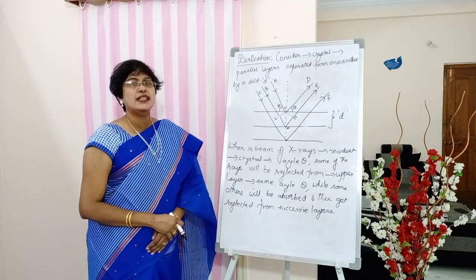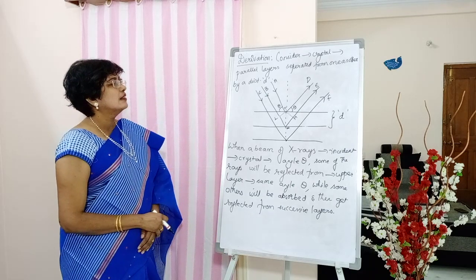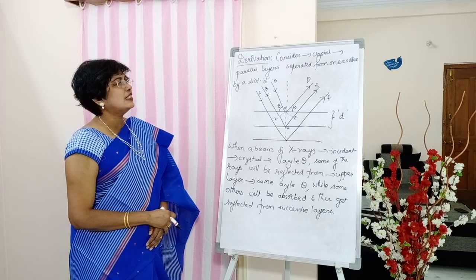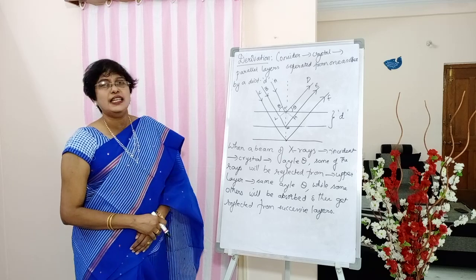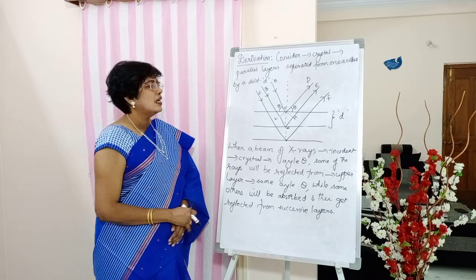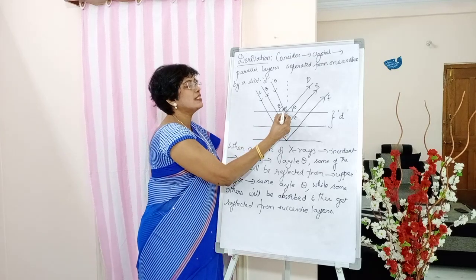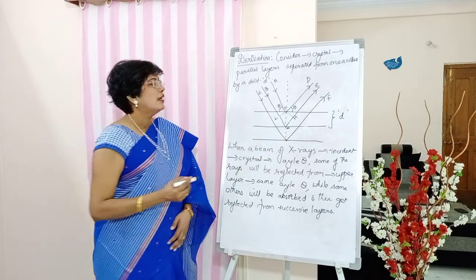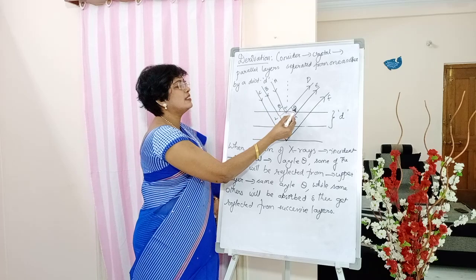Name the rays as A, B, C, and after reflection their names are D, E, F. Mark this point as O, and mark the angles theta and theta.